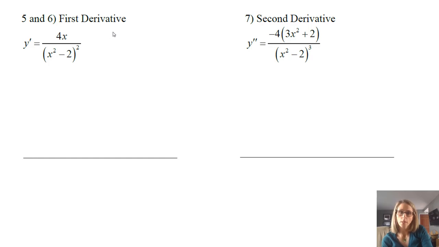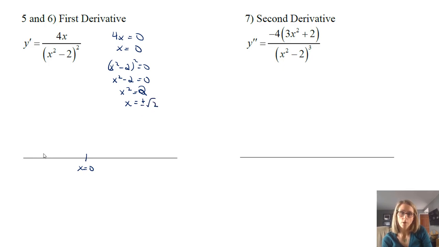And so this function is going to be equal to 0 when the numerator is equal to 0. So that gives us the value of x equals 0. So I care about that value. And then the other values that I care about are what would make the derivative undefined. And that would be when the denominator is 0, which of course we already know is when this inside is equal to 0, which we already know from other work that we've done is going to be plus or minus square root 2.